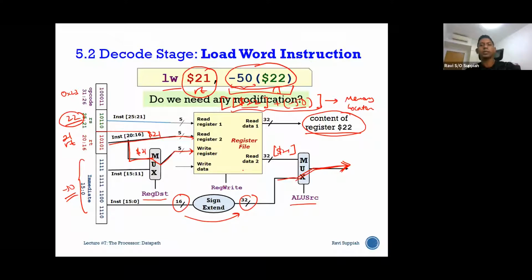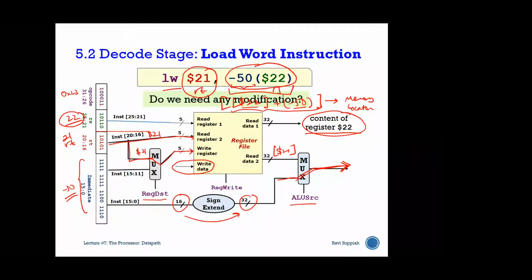So the read registers and write registers are already known the moment the instruction is decoded. The information we still do not know is the write data, because this is only available once your instruction goes to a later stage, which we will come to soon. But the write register information is already known.